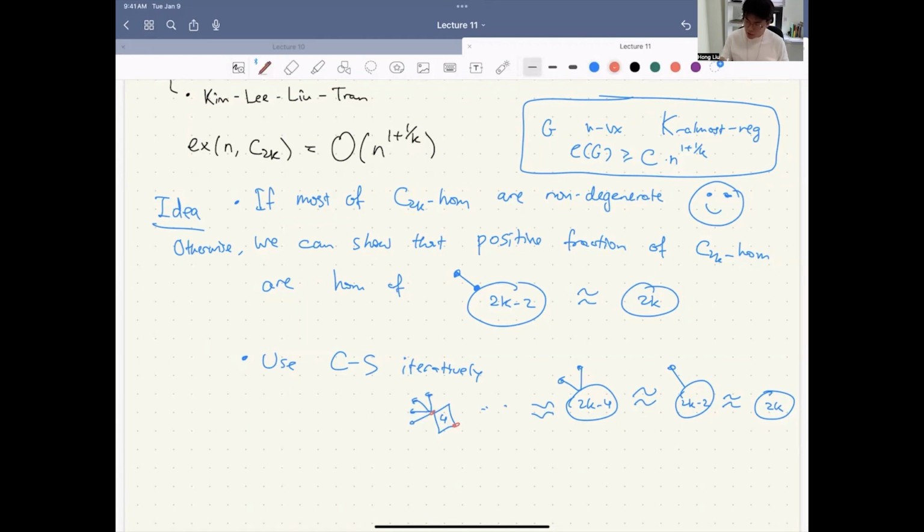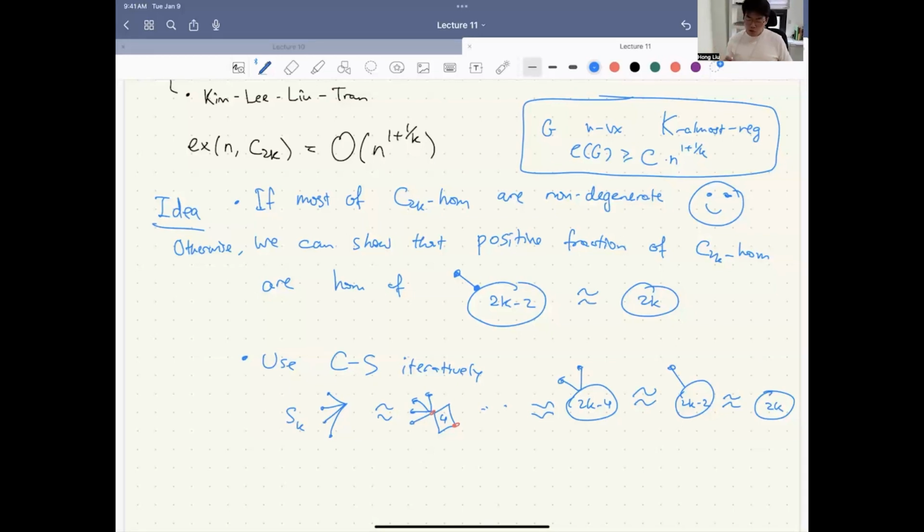Then at the end, these two come together, and it just becomes a star, right? This star. We'll prove that. What's the star size? K star, K edges.